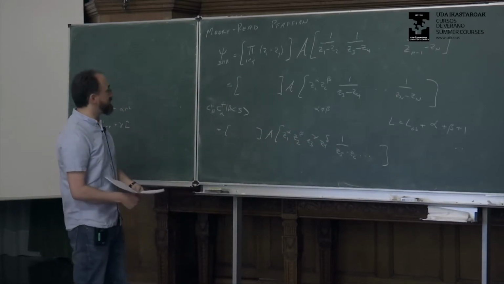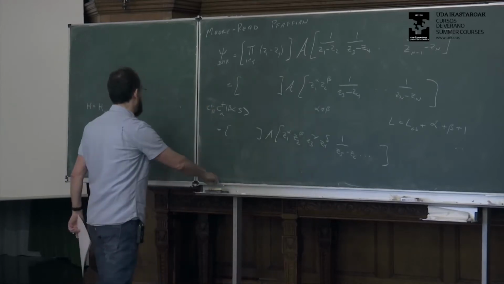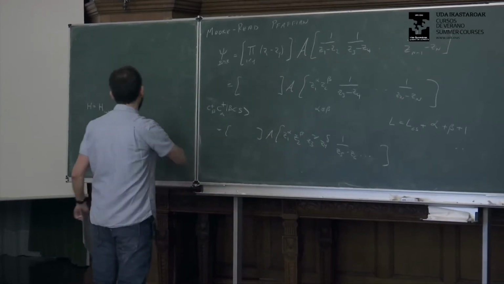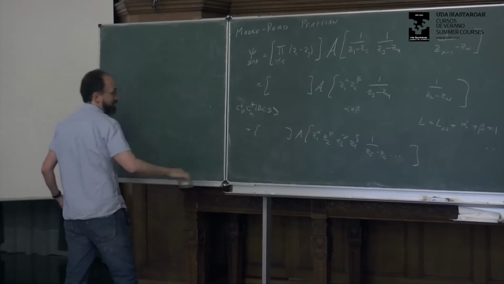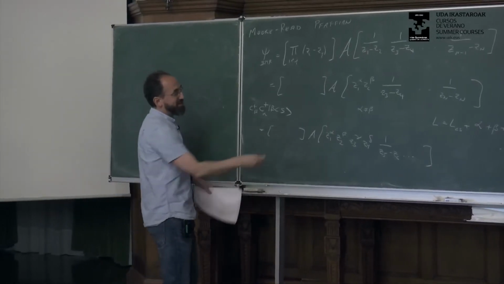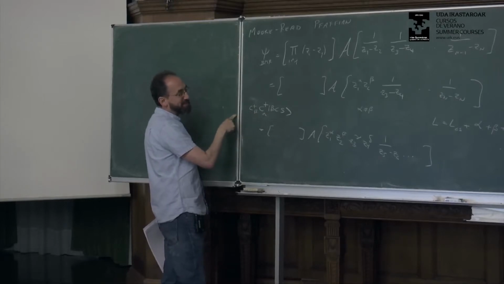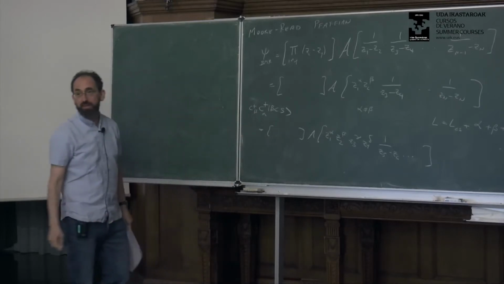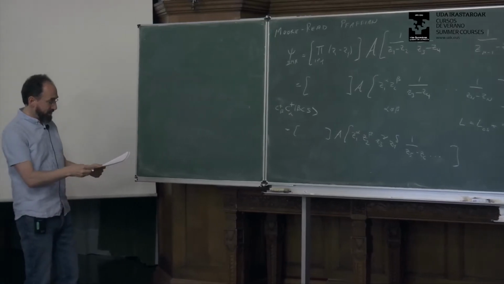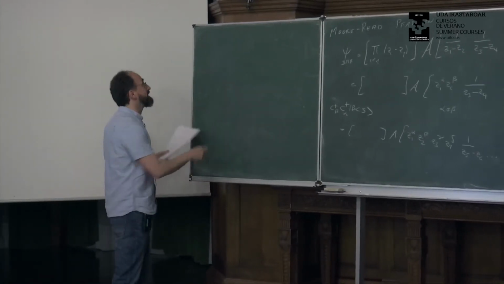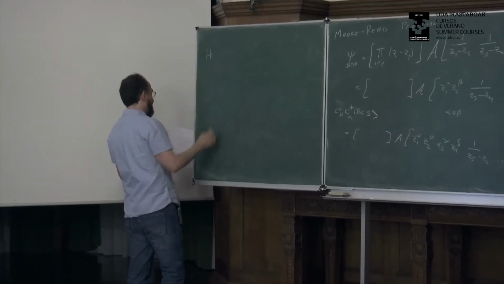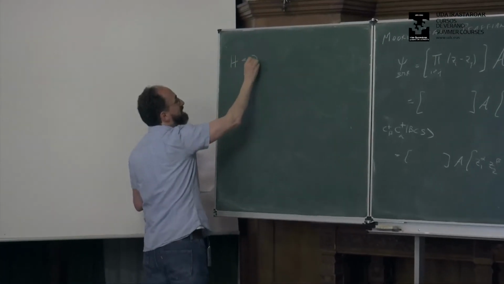So the effective Hamiltonian for this kind of excitation we can write out in the following way. Naturally, this thing is C dagger alpha, C dagger beta, C dagger gamma, C dagger delta on the BCS ground state. Okay? So the Hamiltonian I'm going to write here is the following form. Will be gamma.